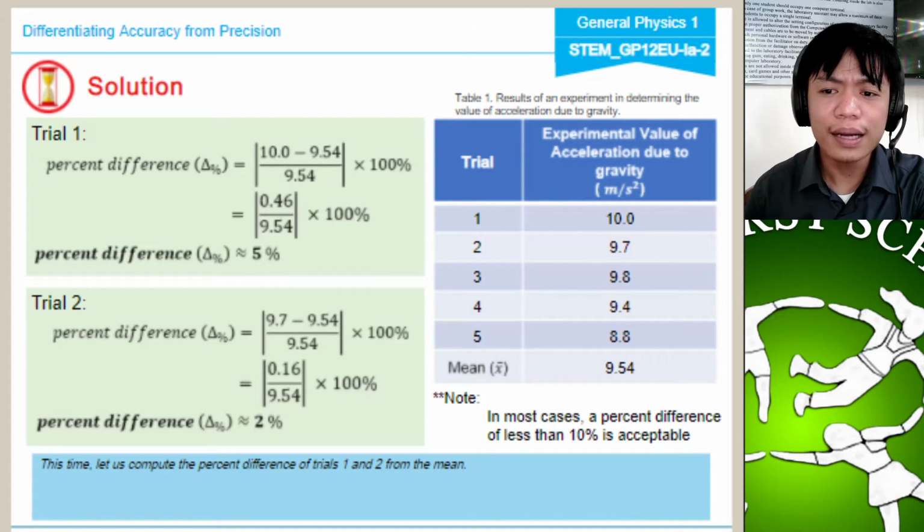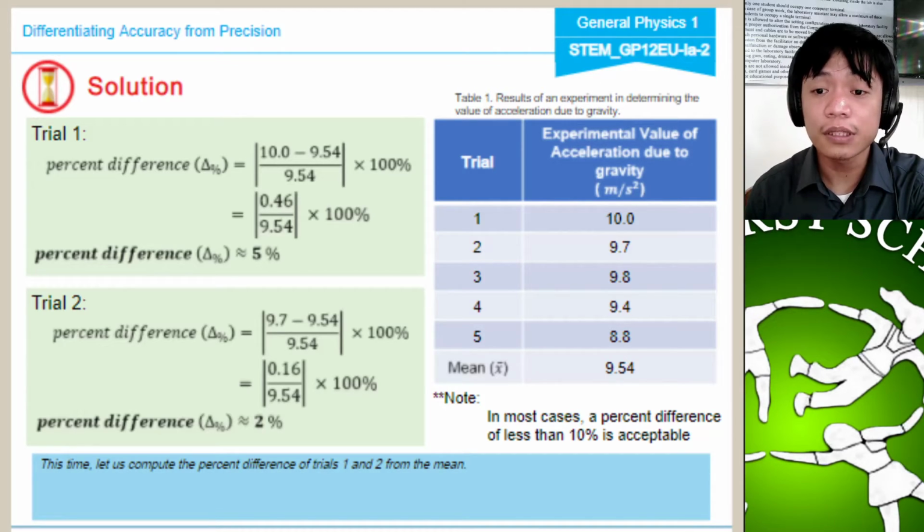So, paano kapag ang ating trial 3 ang gagamitin? So, basically, kapag percent difference ang gagamitin natin, 9.8 minus 9.54 divided by 9.54 times 100 is equal to what? So, answer that later on.